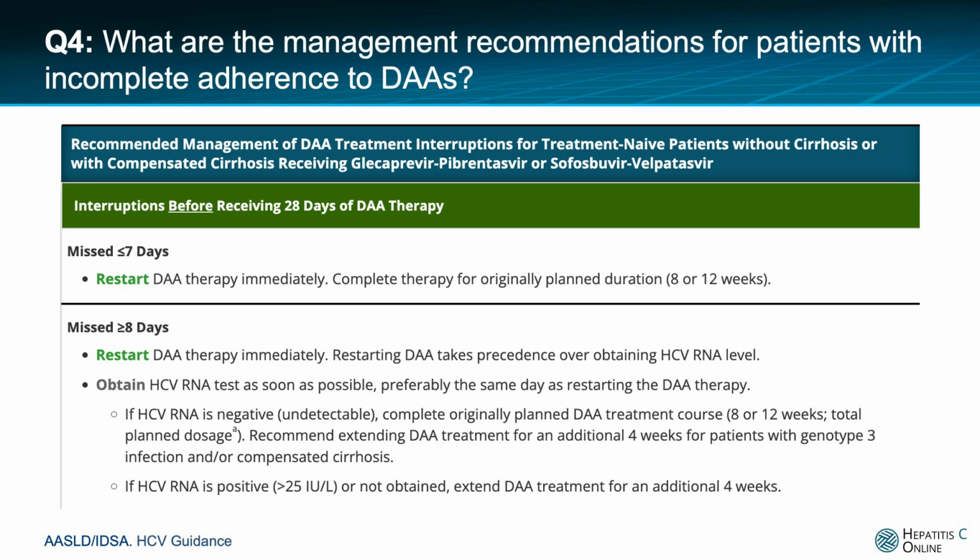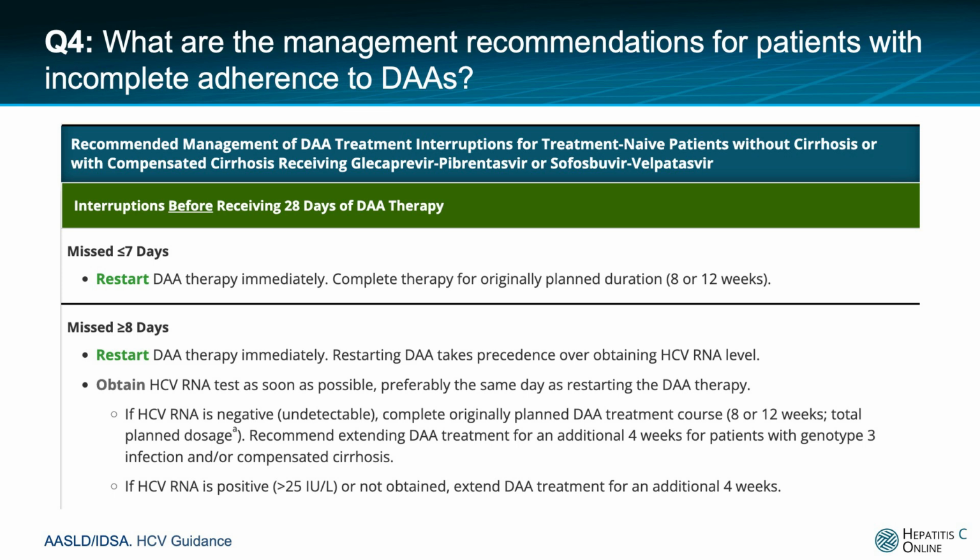If the hepatitis C RNA test is negative, then the patient can complete their originally planned DAA treatment course, although those with genotype 3 infection and/or those with compensated cirrhosis are recommended to extend their treatment duration by 4 weeks. This means that if an individual was planning to complete 8 weeks of treatment, they would now complete 12 weeks of treatment in total. Similarly, if the hepatitis C RNA is positive or not obtained, treatment should be extended by 4 weeks.